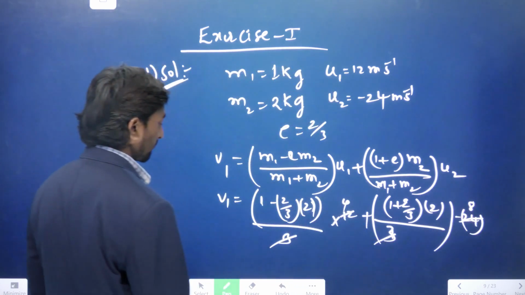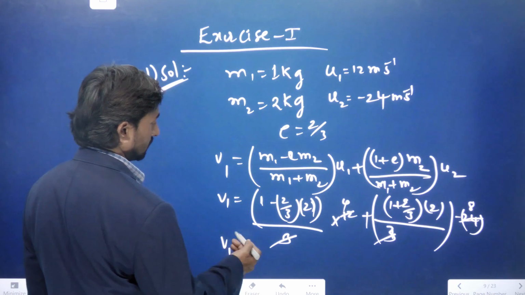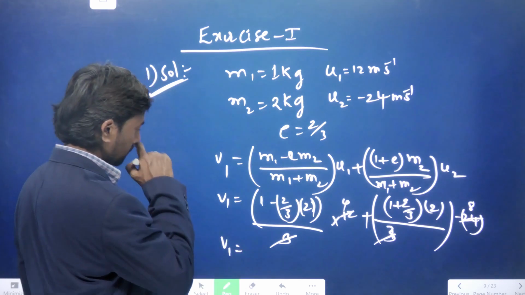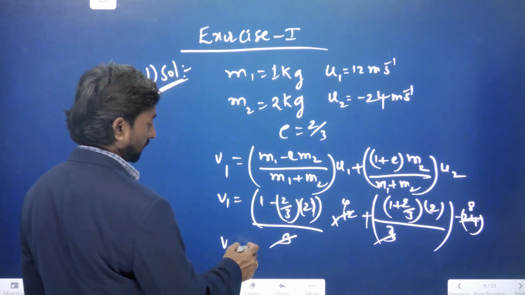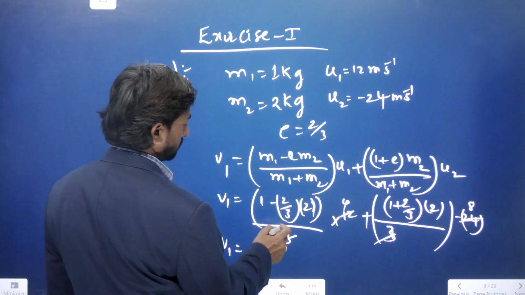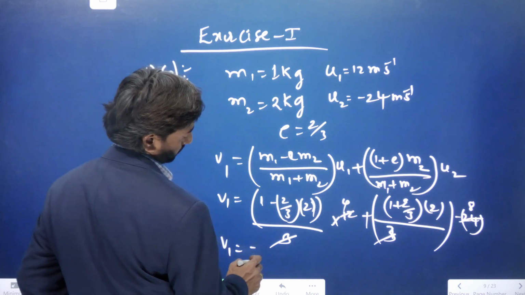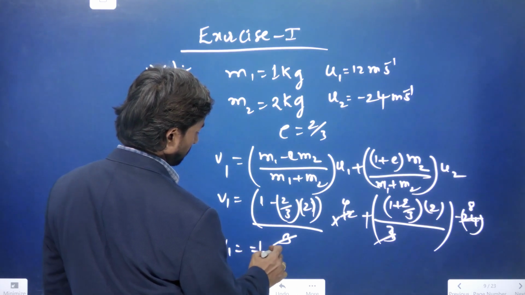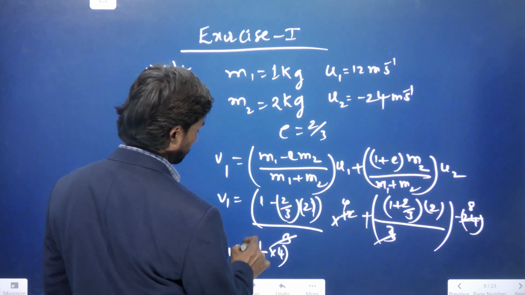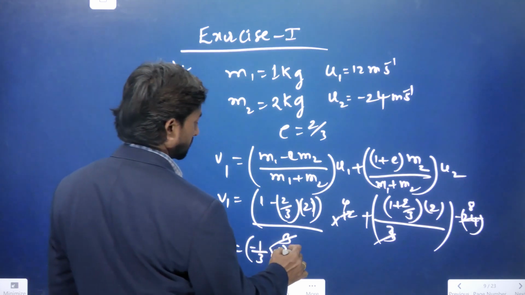And here v1 equals how much? Minus 1 by 3 into 4, plus simplification.